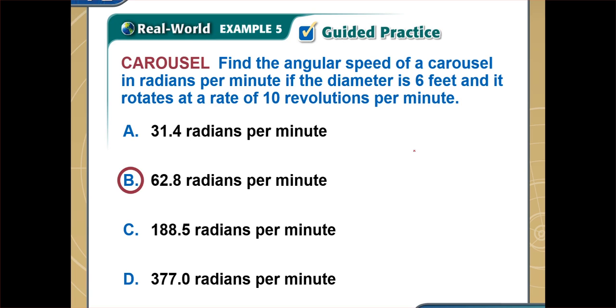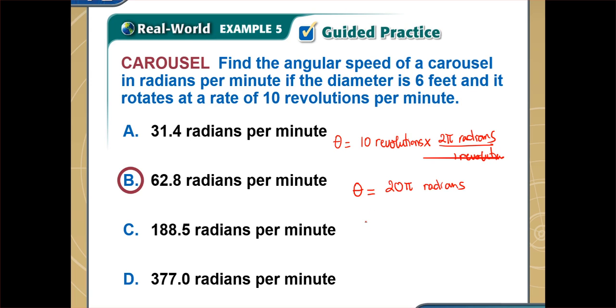So let's check your answer with us. The first thing, again, we have to find theta, the angle theta in radian. So we take 10 revolutions and multiply by 2 pi radian per 1 revolution. That will give us 20 pi radian.